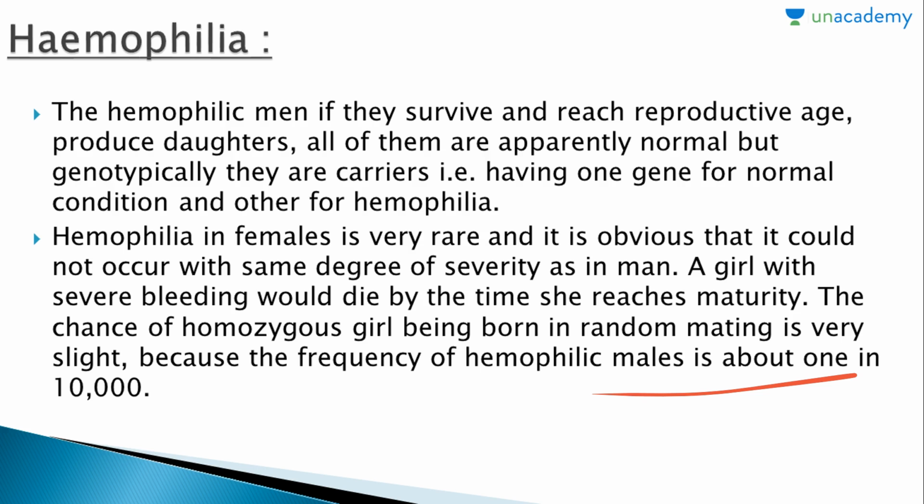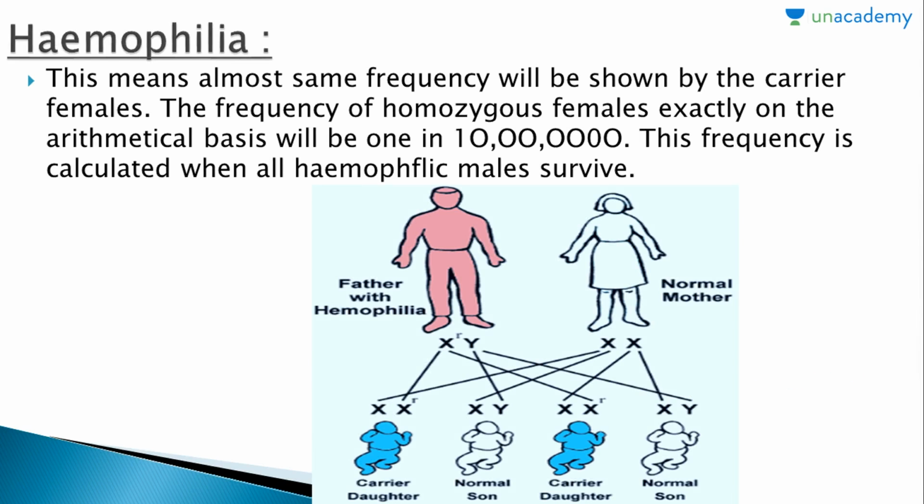She may become a carrier, but being a hemophilic girl is very improbable. This means almost the same frequency will be shown by carrier females. The frequency of homozygous females, on an arithmetic basis, will be 1 in 10 to the power 7. This frequency is calculated when all hemophilic males survive. Sorry, it is 10 to the power 6.